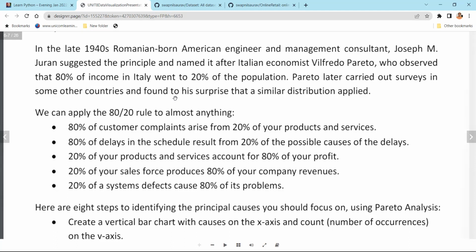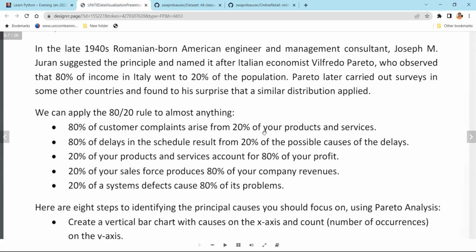I think this is true about any country, and in fact about anything. So 80% of customer complaints come from 20% of your products. When you sell your products, some will be really bad and some really good. The bad products will give you more complaints from customers, correct?